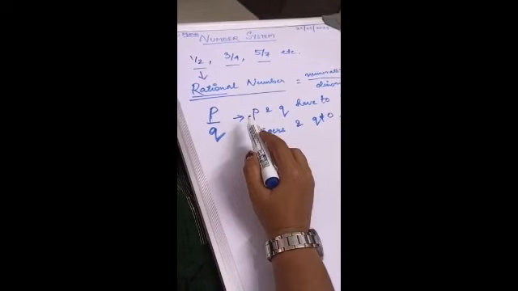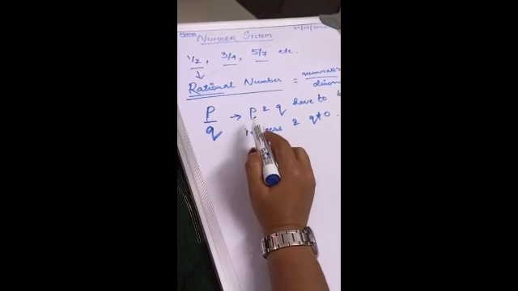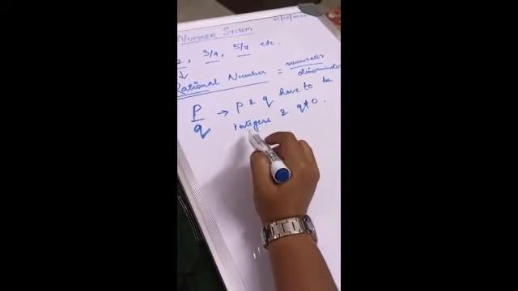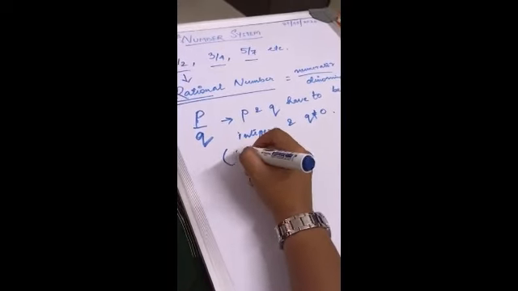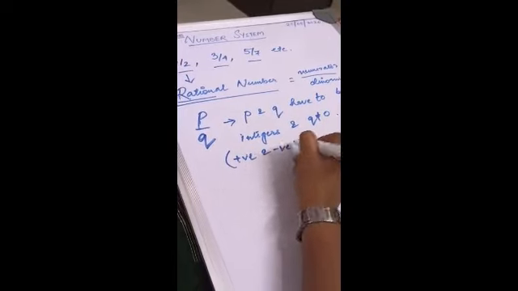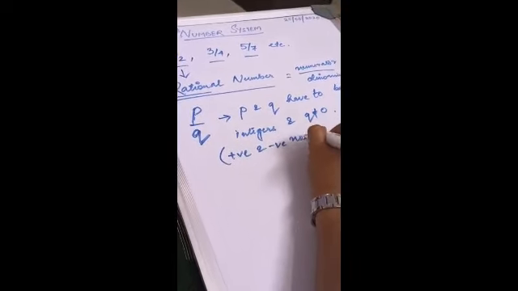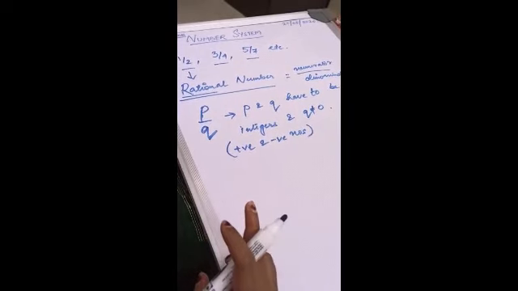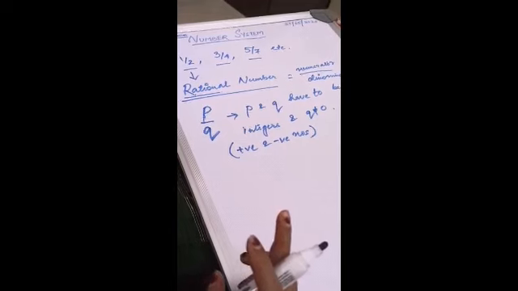So for a rational number represented by P by Q, P being the numerator and Q being the denominator have to be integers. Integers means what? Both positive and negative numbers, right? That we have studied earlier. So both positive and negative numbers together are known as integers.